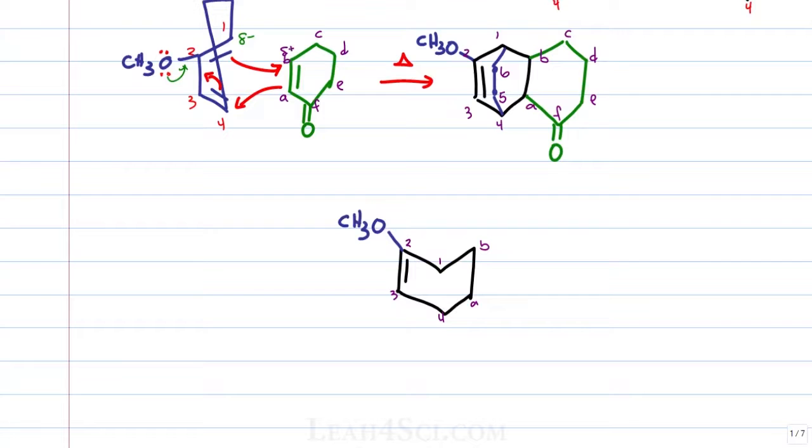Carbons 5 and 6 are shown kind of like a handle to the breadbasket. That's why it's called the breadbasket form, coming up as a bridge out of this page. And then we'll show the ring attached to A and B. We want to show them down, so it's the opposite orientation. That's C, D, E, and we already have F. And let's not forget the carbonyl on carbon F.